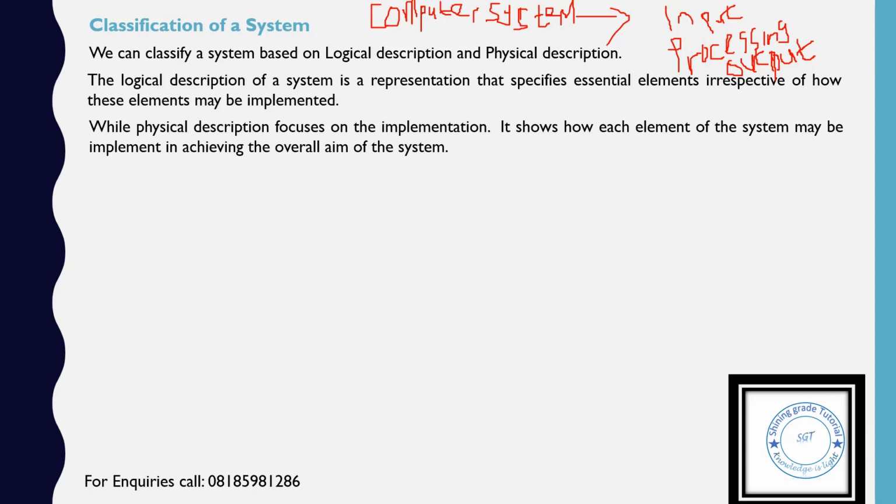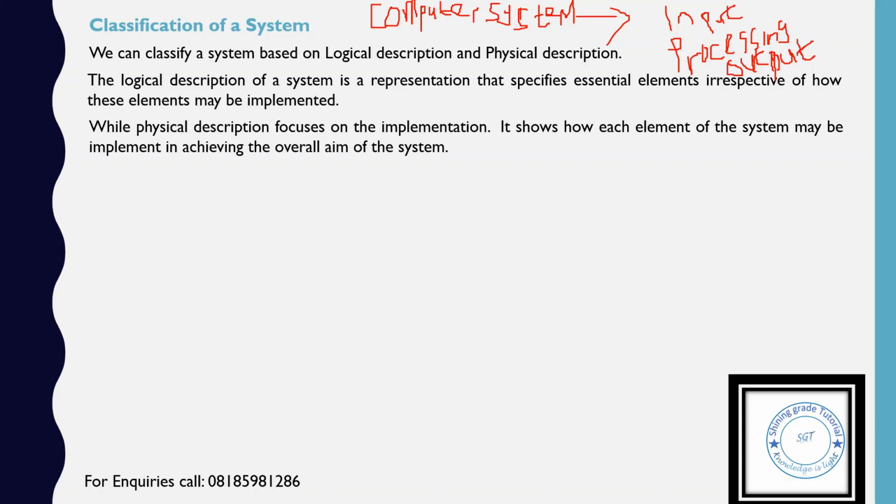For us to implement an input, what happens? We can make use of different functions. For instance, you can make use of a keyboard. Let's say if you want to have an input in the computer system, if you want to input a word, then we need to make use of a keyboard.